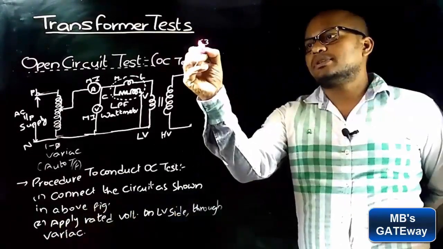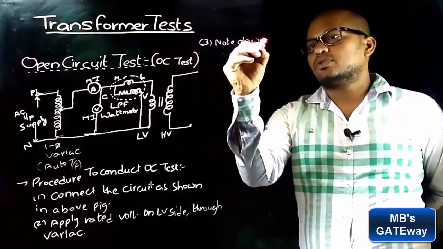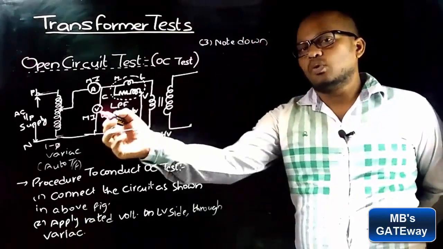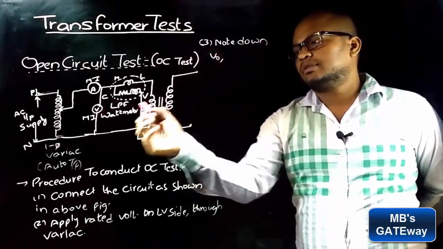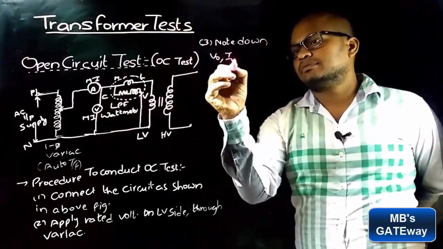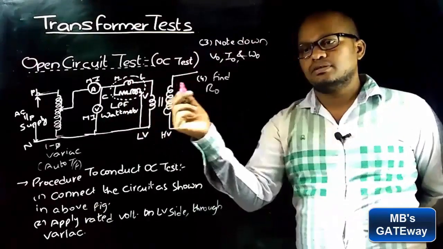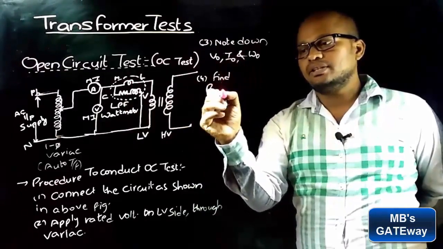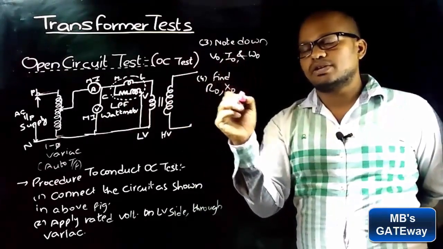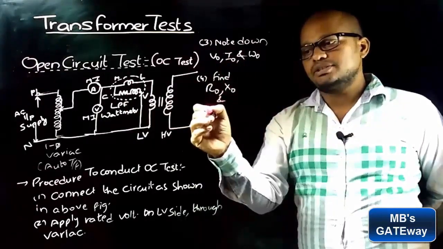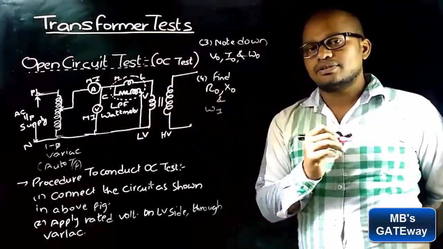And the third step is to note down the voltmeter reading, ammeter reading and wattmeter reading. And by using these values, find the shunt branch elements R0 and X0 and the iron losses Wi.